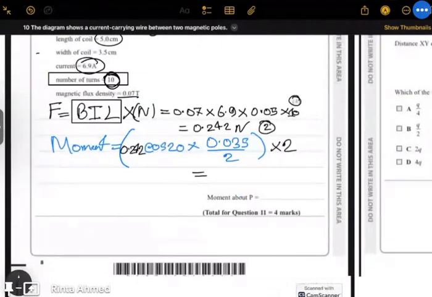The answer will be... can you please find out the answer and let me know what is the answer?